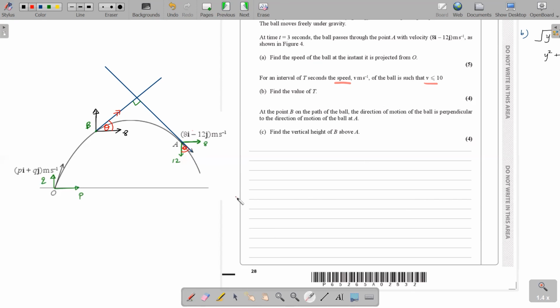This is the theory that comes when you are working with perpendicular directions. Why is this happening? I think I have explained this earlier also.